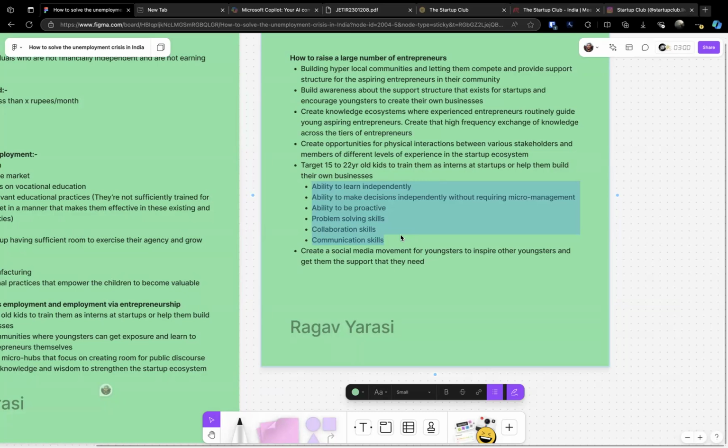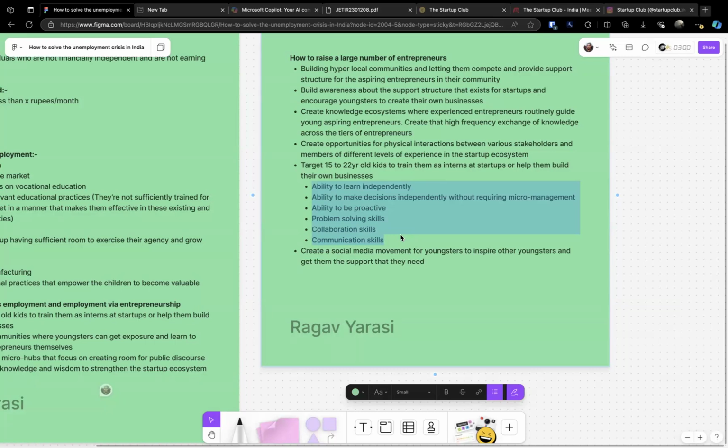So it's a win-win for both. They can learn from real world experience, contribute to a startup, and gain first-hand knowledge that is irreplaceable. No matter how many hours of classroom instruction you have, it won't compete with the effectiveness of on the ground learning.